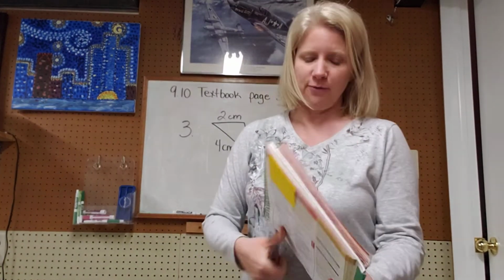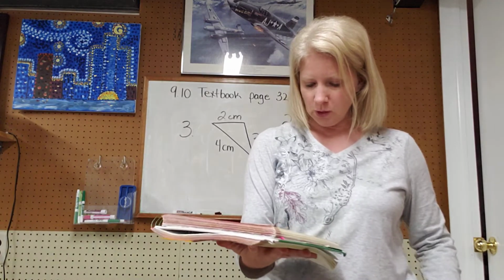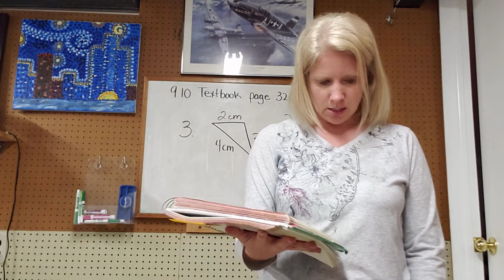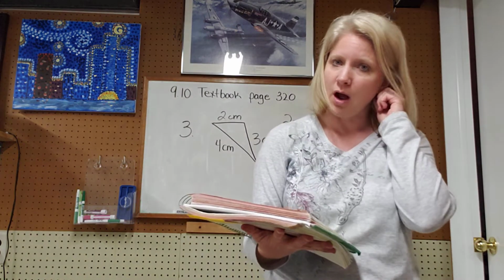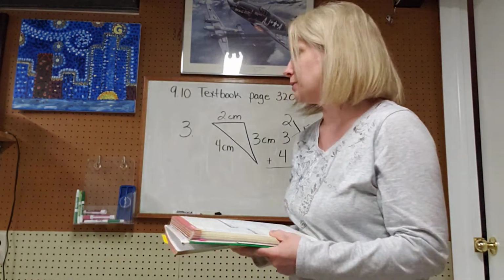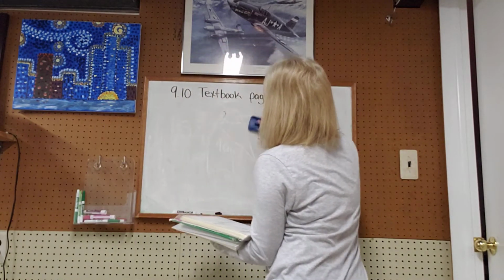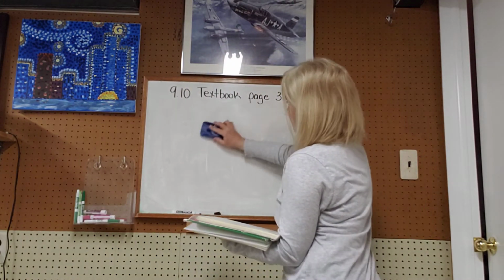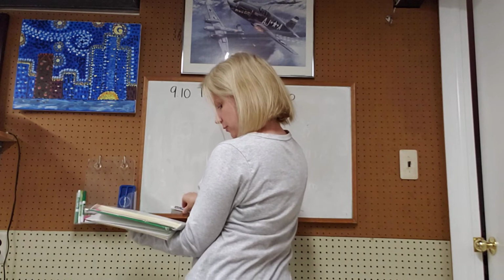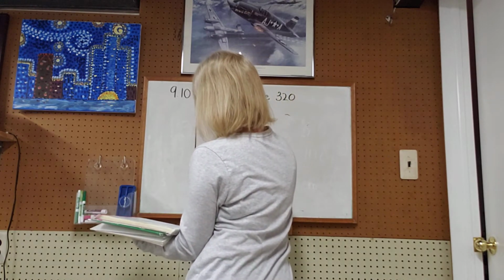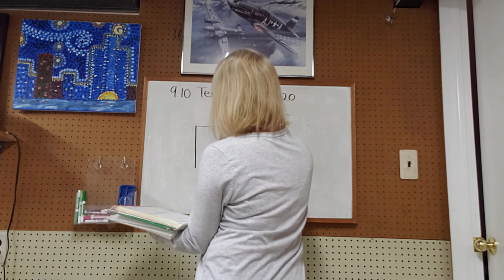Okay, let's look at number 4. Number 4, you should have gotten, you had to measure all the ends also. So there was a lot more measurements. So let me draw the picture up here of number 4. Here's what it looked like.